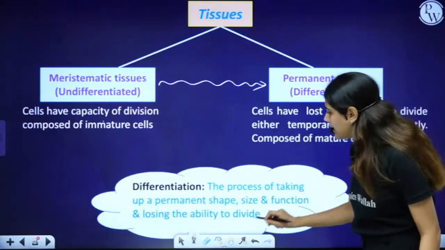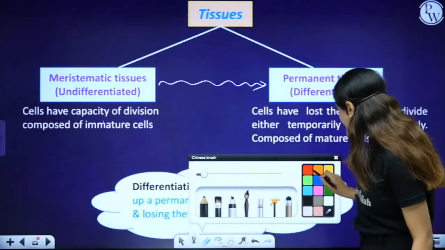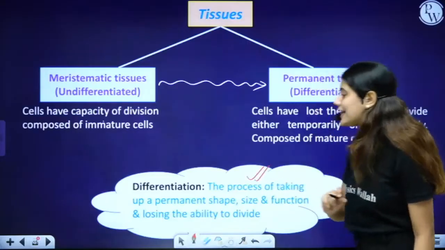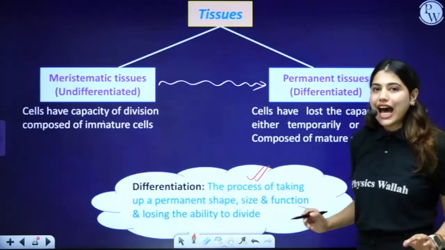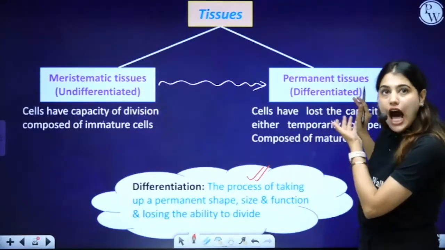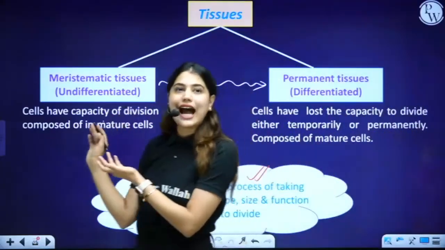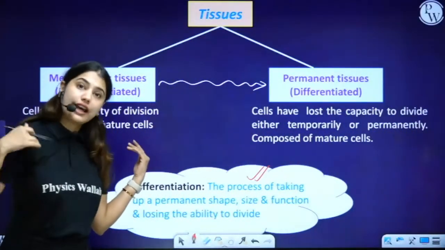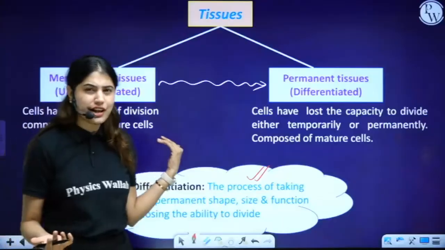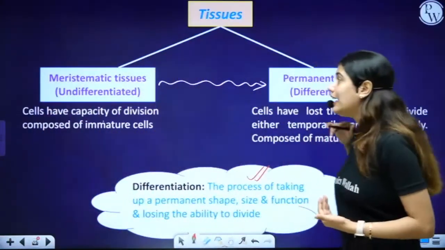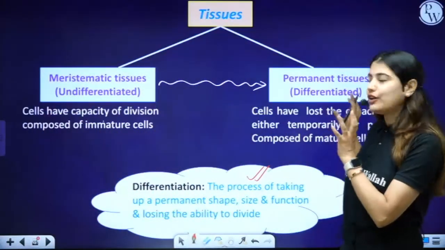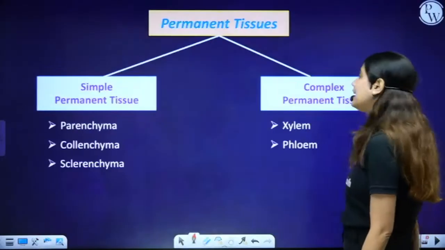This process is called differentiation. Now, obviously, the permanent cells are differentiated. On the other hand, the meristematic cells are, yes, undifferentiated, isn't it? Undifferentiated and differentiated cells.